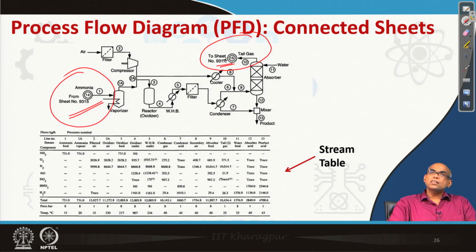So, there are several sheets which are connected and this is how the connected sheets are represented. So, it shows from which sheet it is coming and to which sheet it is going, and these are the associated streams with the process, and the informations about the streams are supplied in terms of stream table.